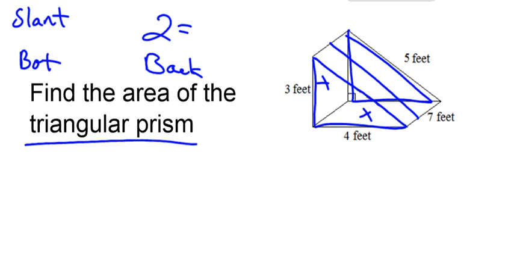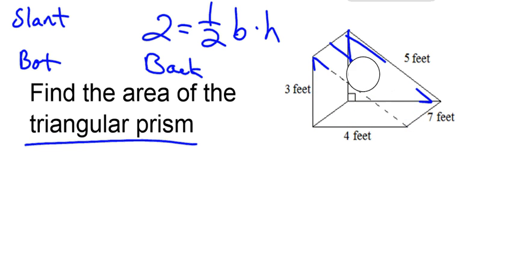Let's start with our triangles, because triangles have a tendency to be the harder ones, because we have this unique formula, 1/2 the base times the height. So, if I'm looking at my shape here, I need to understand that my triangle has a height of 3 and a base of 4.